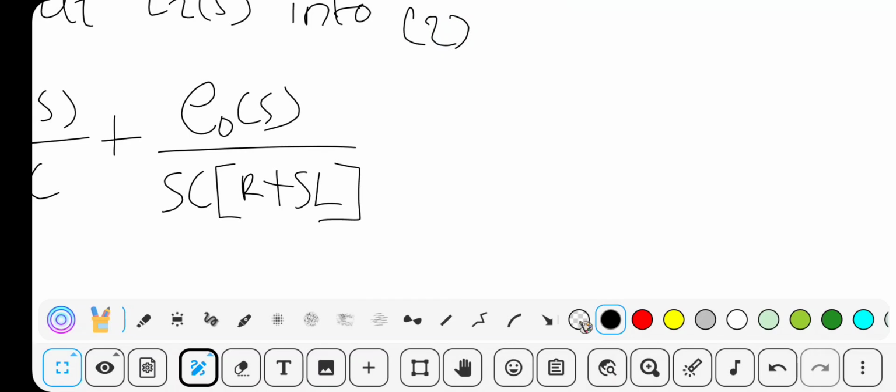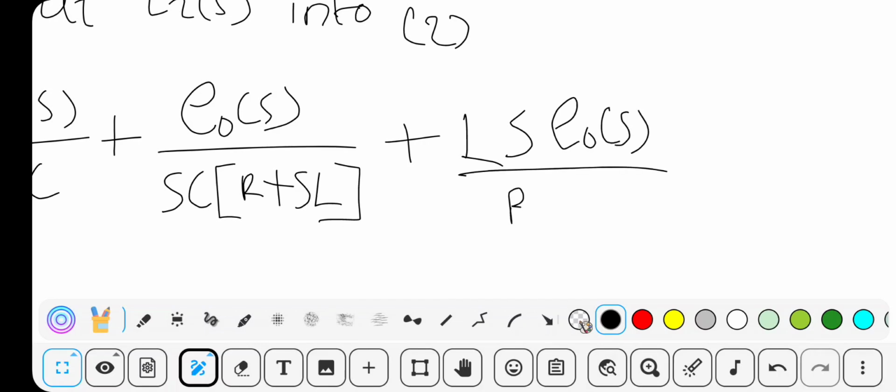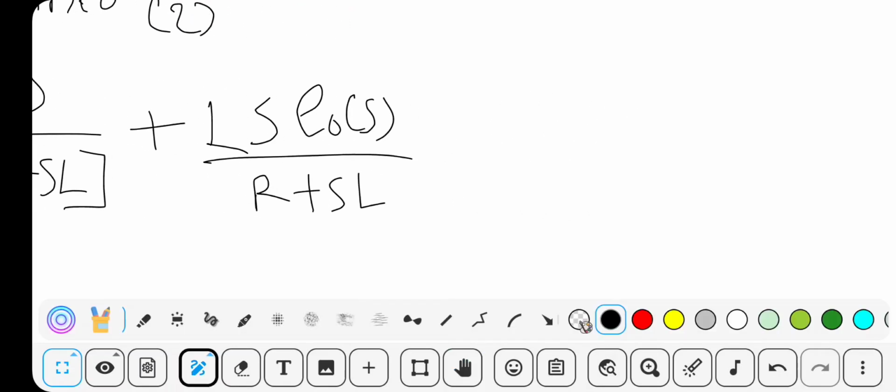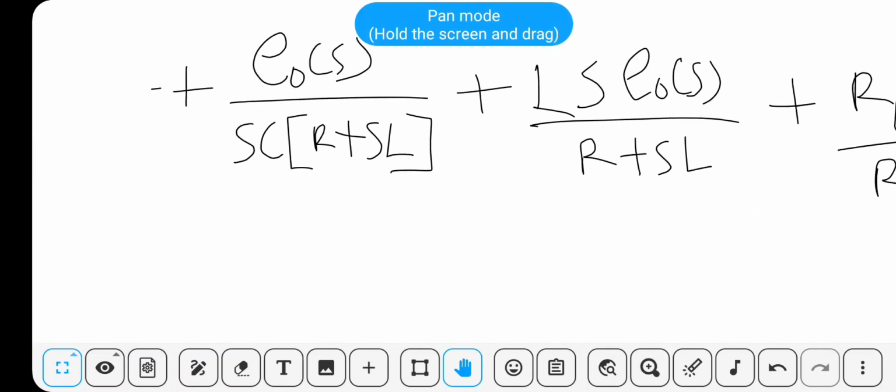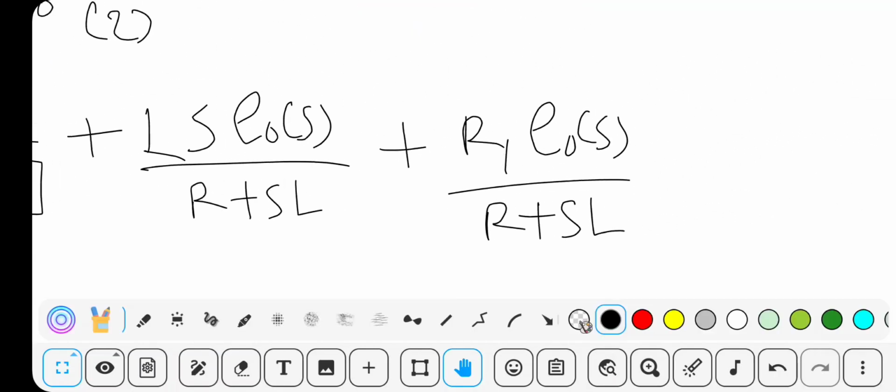So we can continue from here, plus LS times R0 plus SL plus R01, this should be R0 plus SL, so equal to 0.